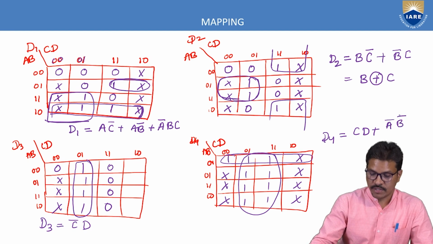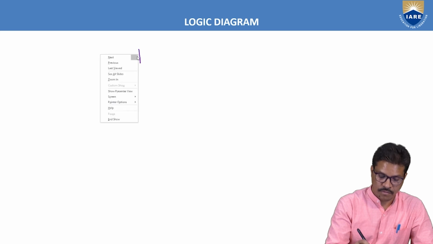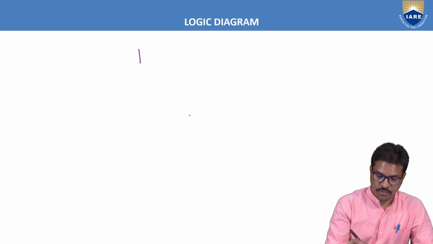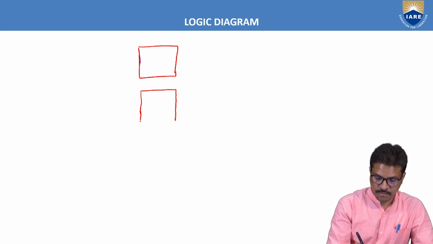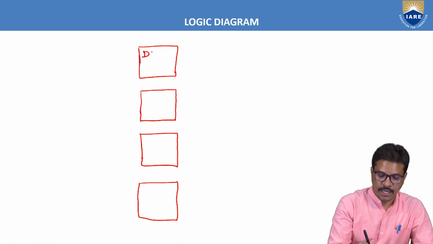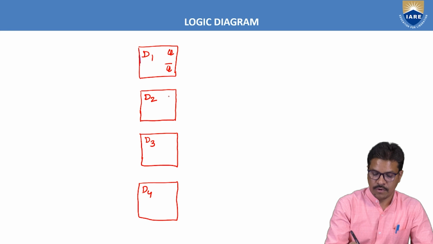Now take those four expressions and draw the logic diagram. So if you take these four D flip-flops, D input, Q, Q bar, D1, D2, D3, D4.